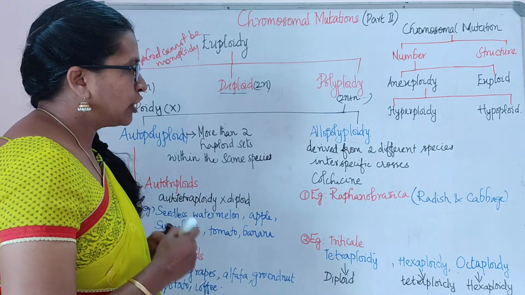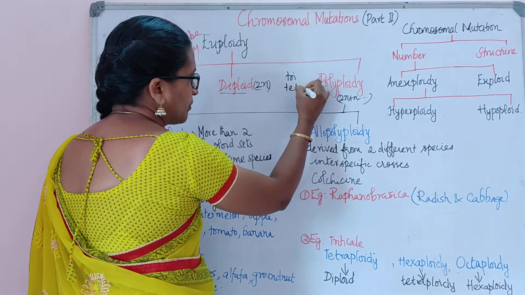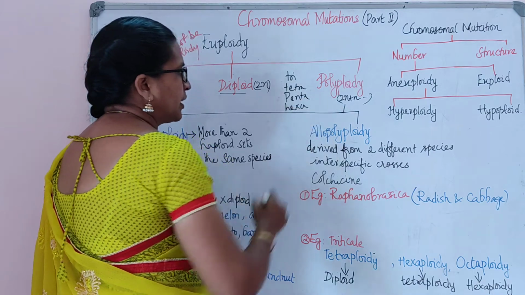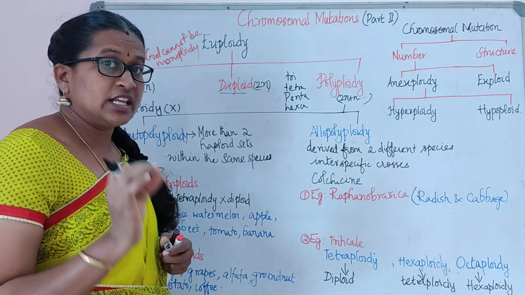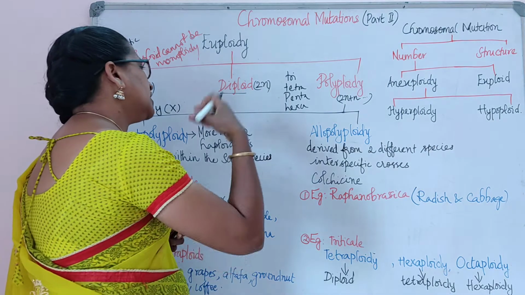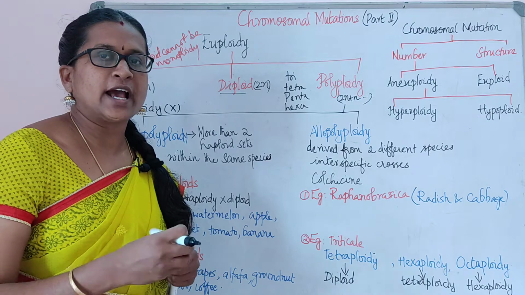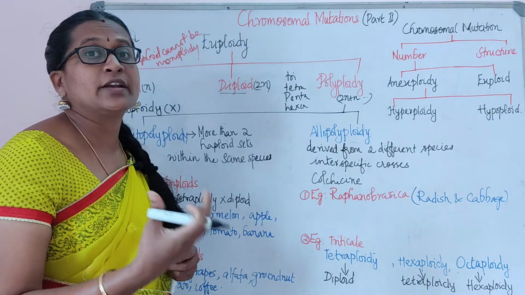Polyploidy may be triploidy or tetraploidy. We can come across triploidy, tetraploidy, pentaploidy, hexaploidy, but if it exceeds further, sometimes it causes lethality. But some ploidies are very useful for evolution as well as for the coming of new plant varieties.